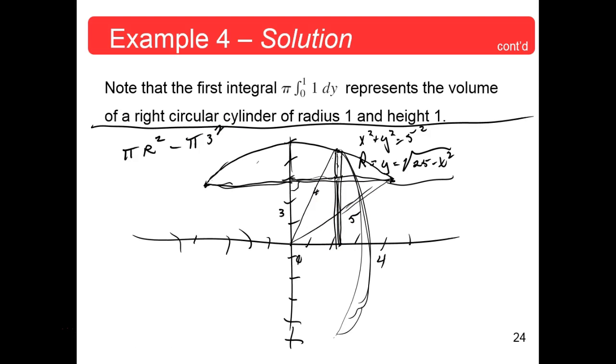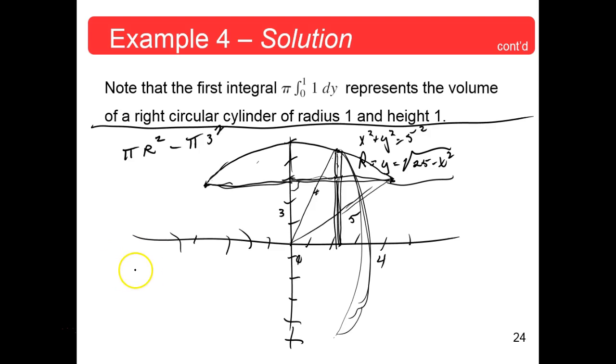That height is 3 all the way here, okay? So that will just be that. So that'll be minus 9 pi. That's always going to be the second part of it, for whatever value x you have, 0 to 4, okay?